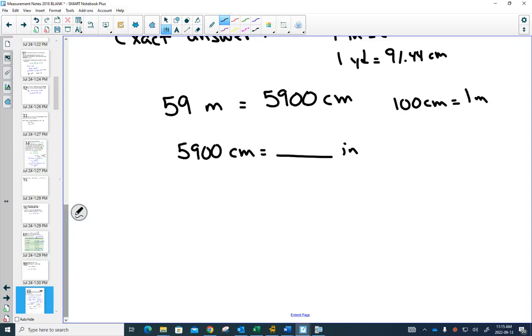I should divide, because since 1 inch is 2.54 centimeters, the number of inches that we have should be less than the number of centimeters. So I go to my calculator, 5,900 divided by 2.54, 2322.83 dot, dot, dot.